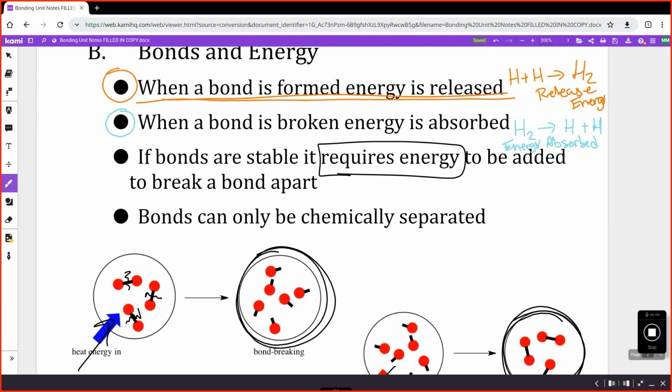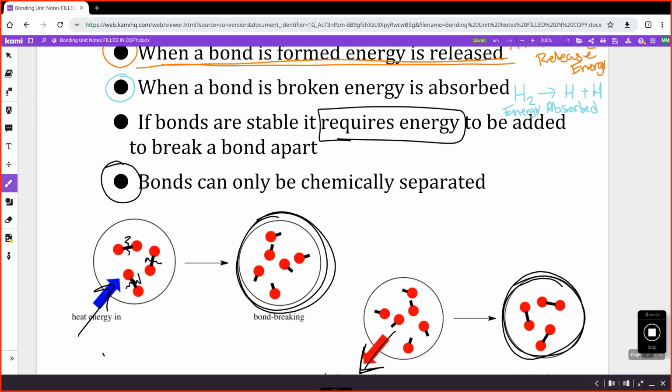And finally, about bonds and their energy, there's only one way to separate them. There's only one way to break molecules or bonds apart, and that is to use energy or to chemically react them to separate them. You cannot physically snap them apart.